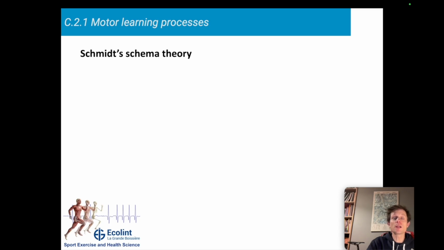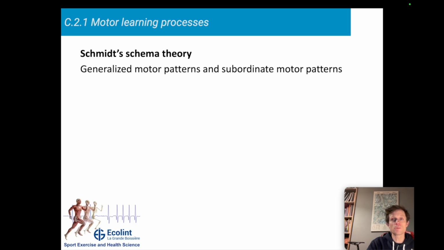The idea being is that less memory is required in order to store this information because the schema are generalized, not specific. The textbook mentions generalized motor patterns and subordinate motor patterns.